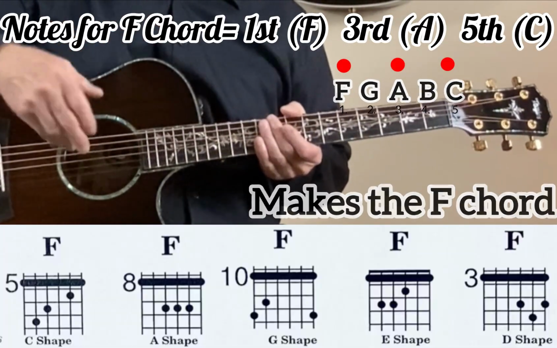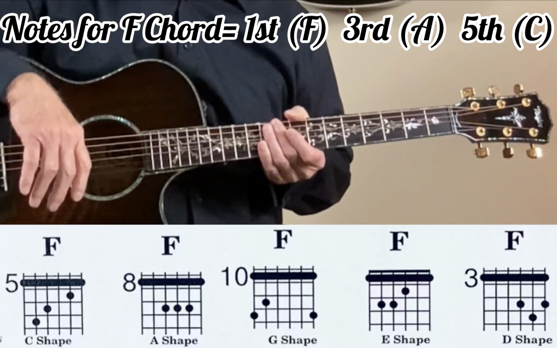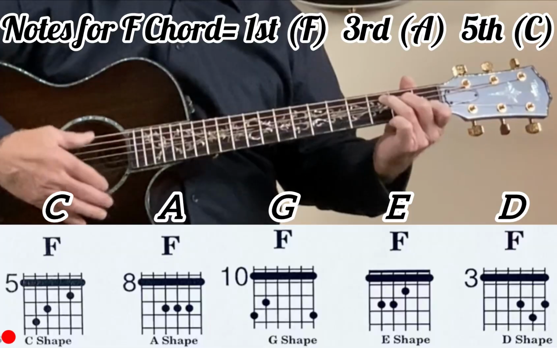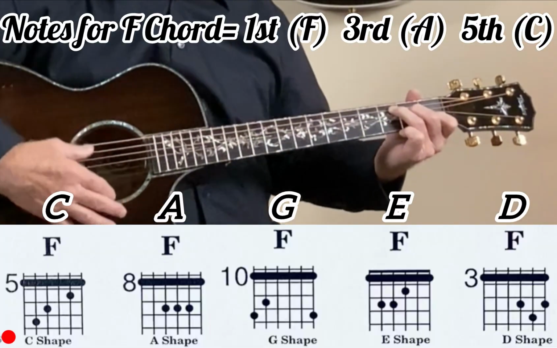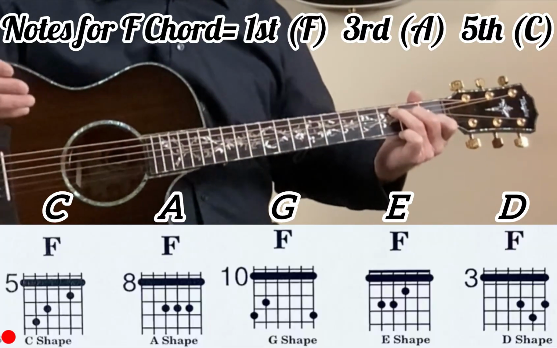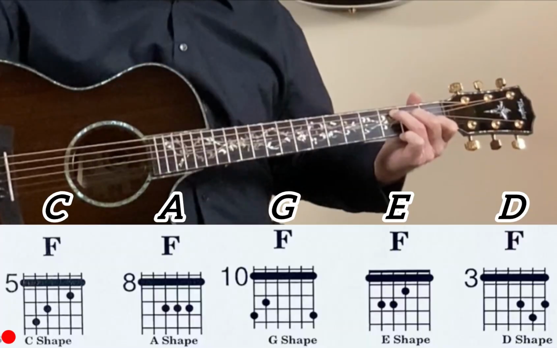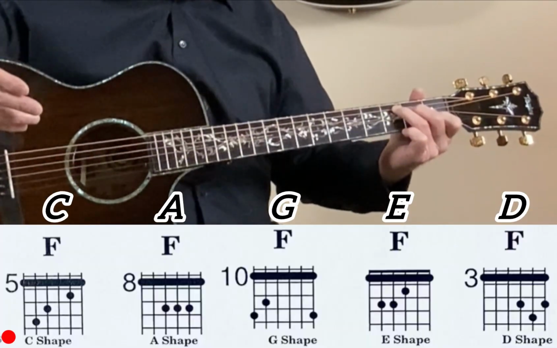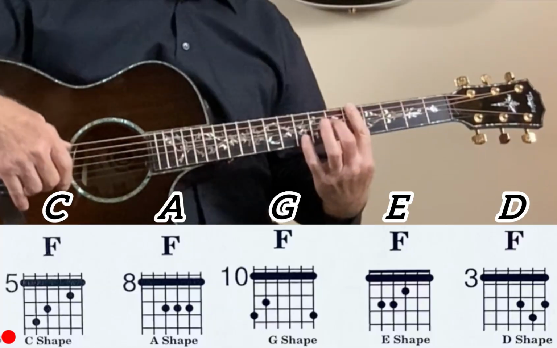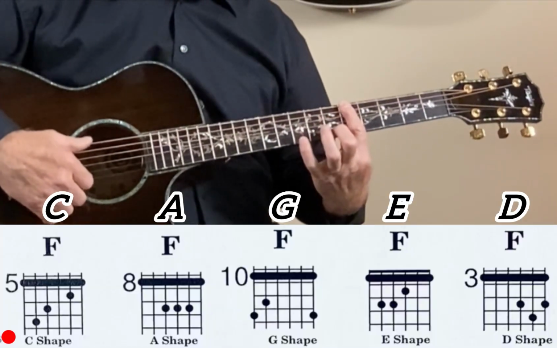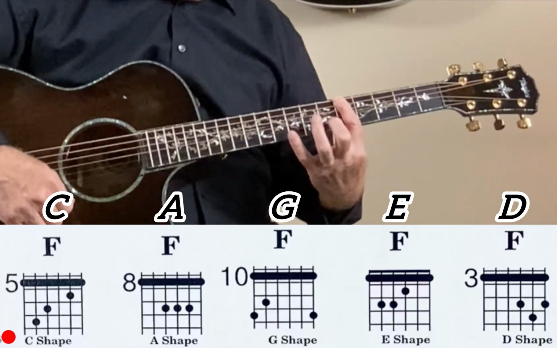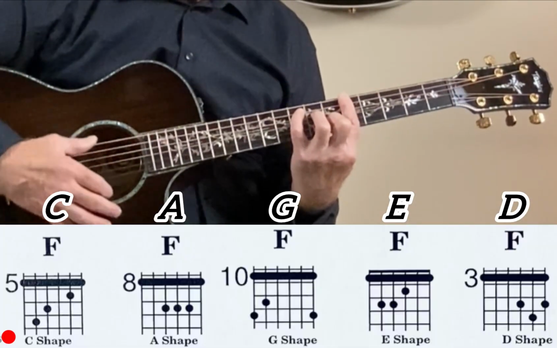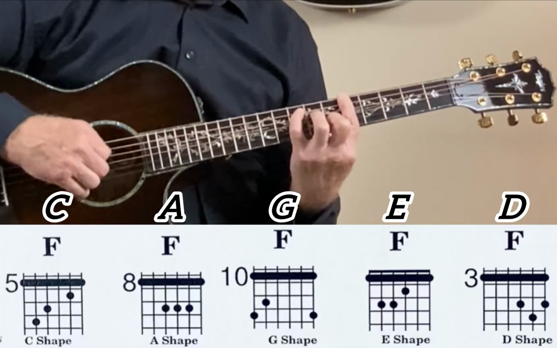So right away, let's just go to the C shape. Here we are doing the C shape chord, and I want to make an F chord out of the C shape. So I'm going to go to the 5th fret and I'm going to bar down that 5th fret and do the C shape right here. Just like that. Okay?